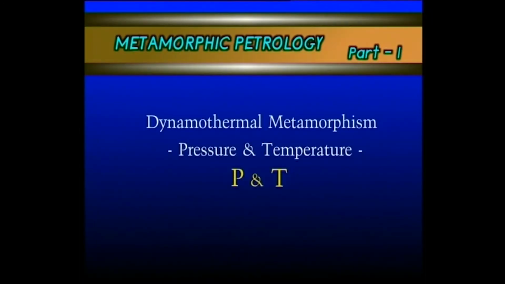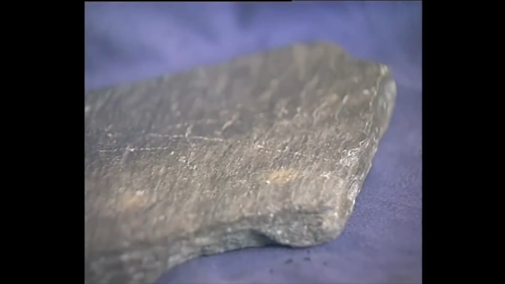If we take the third important type, where pressure as well as temperature both are important, this metamorphism is known as dynamothermal metamorphism. Here directional pressure as well as temperature both are acting. Normally in orogenic belts the regional metamorphic rocks are formed, where we can see structural changes like slate changing into phyllite, phyllite into schist, and later schist into gneiss.